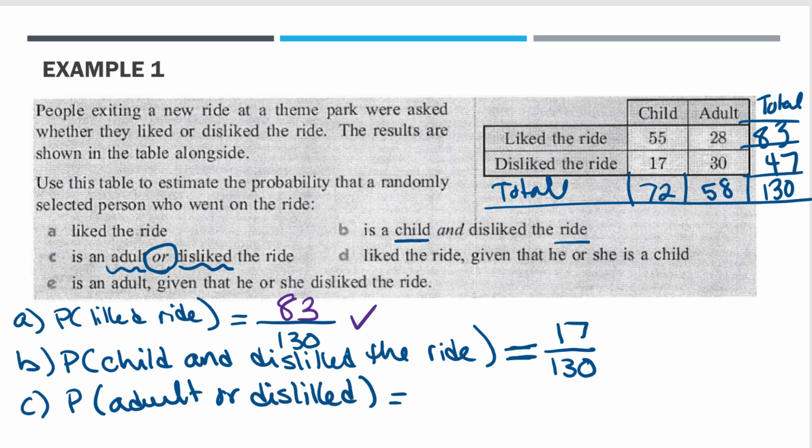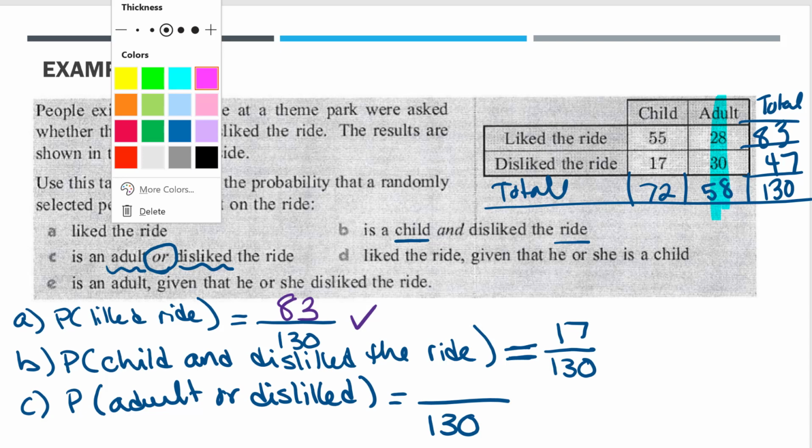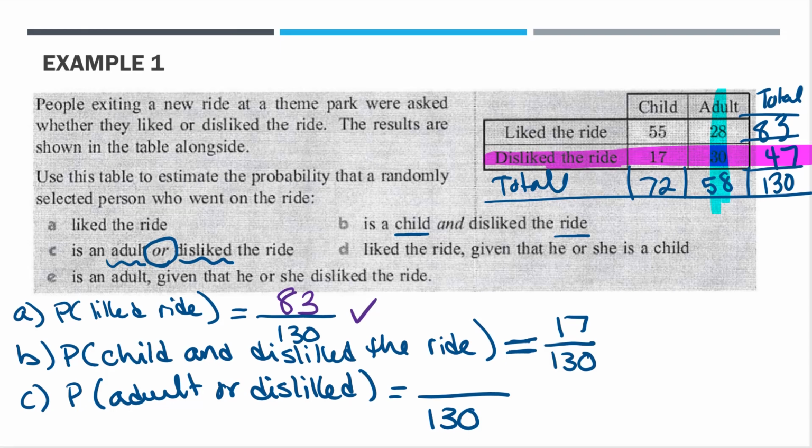Our denominator is still going to be 130, the total. And our numerator, let's look at our columns. We have adult, and then we also have disliked. The fact that we see an or means that we're adding our numbers together.